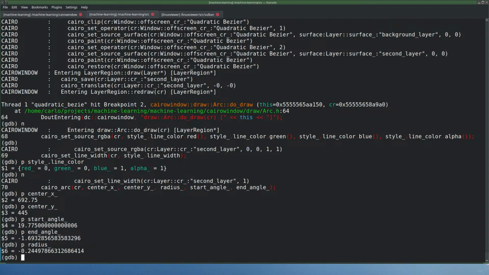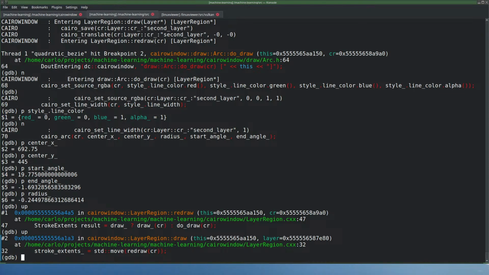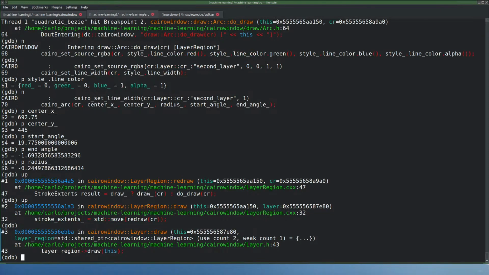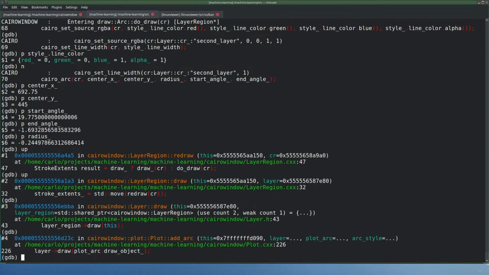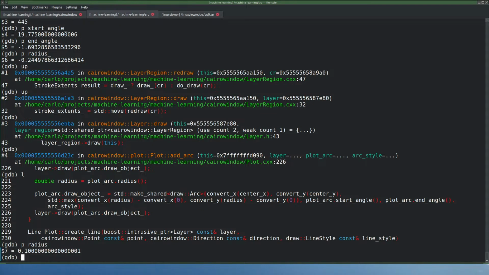Hmm. I thought that 0.1 should translate to several pixels.